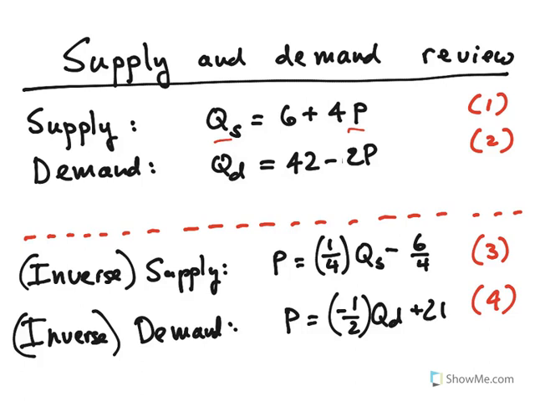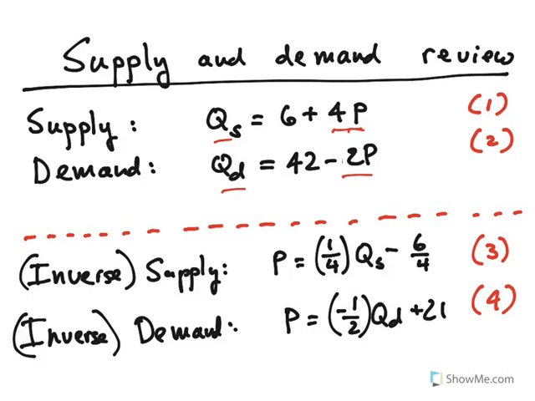So in this relationship, for every 1 unit increase in the price, the quantity supplied will go up by 4. Quantity demanded has a negative relationship with price. The more the price goes up, the less consumers want to buy.